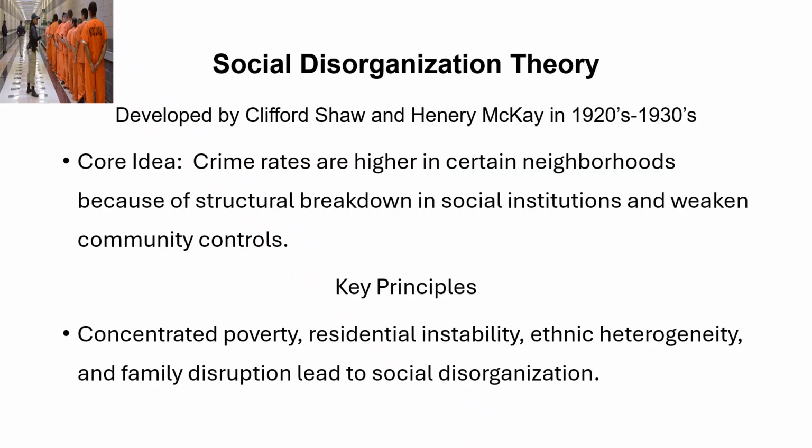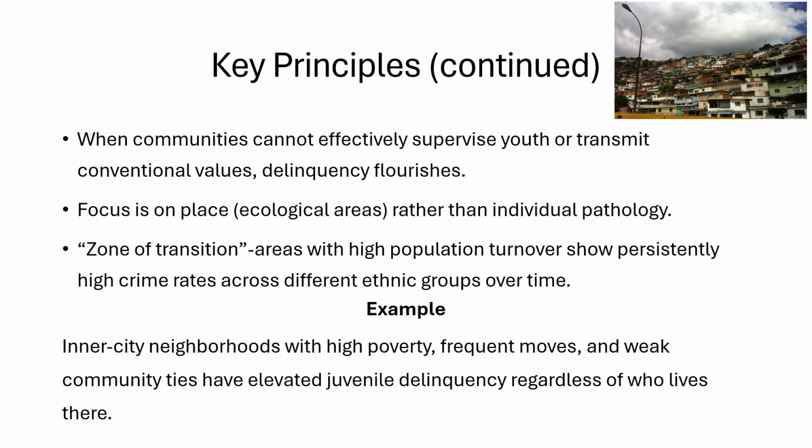The key principles of social disorganization theory concentrate on poverty. The key principles hold that concentrated poverty, residential instability, ethnic heterogeneity, and family disruption lead to social disorganization. Notwithstanding, when communities cannot effectively supervise youth or transmit conventional values, delinquency flourishes.